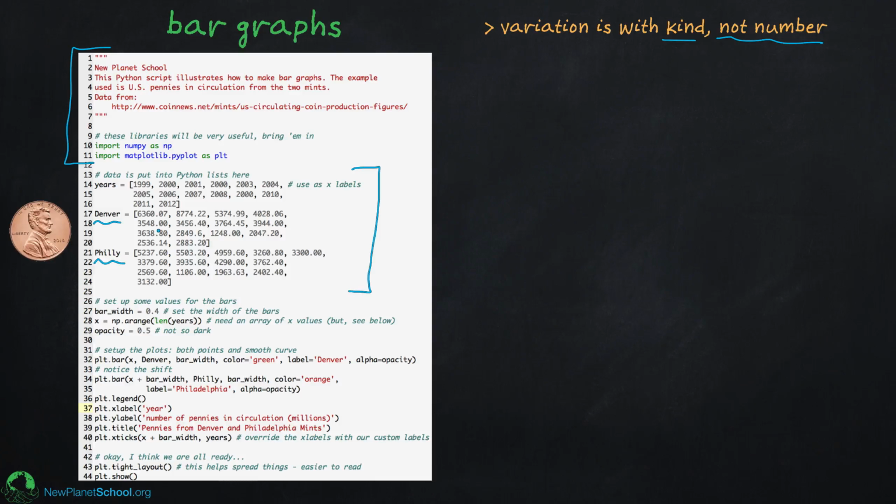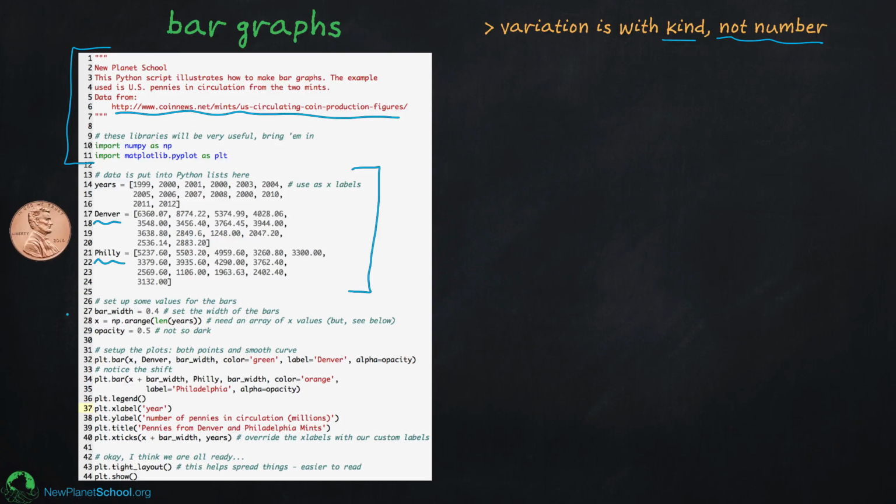Let's see how many pennies are minted every year at these two facilities and see which one makes more pennies. And so I just went out and grabbed this data. You can go out to the internet, grab some other data, replace these values with whatever data you're interested in, and play with it. It's actually a lot of fun. So that's the data, and I just got it off of the web up here at this website and just typed it in.